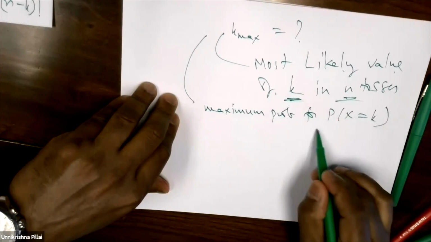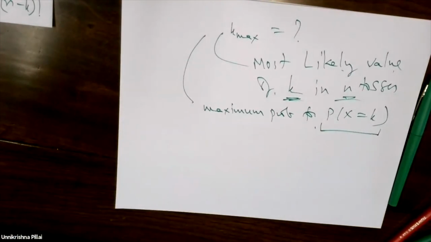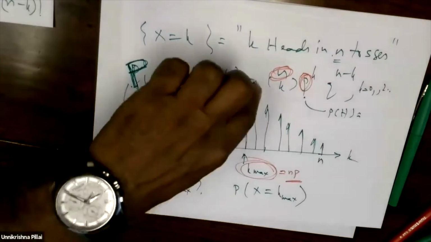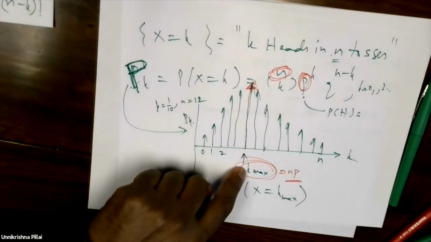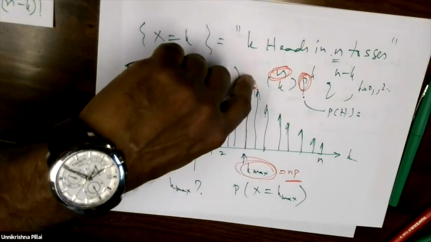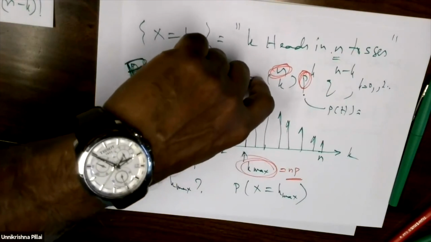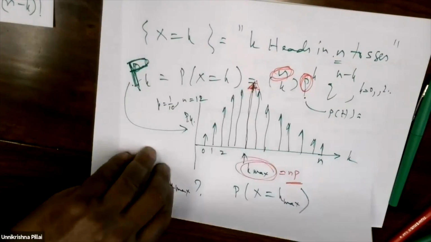We want the value of k for which probability of x equal to k has maximum value. So look back at the graph. So this must be the most likely value because that has got the maximum probability. Unless two values are equal, then there are two values.